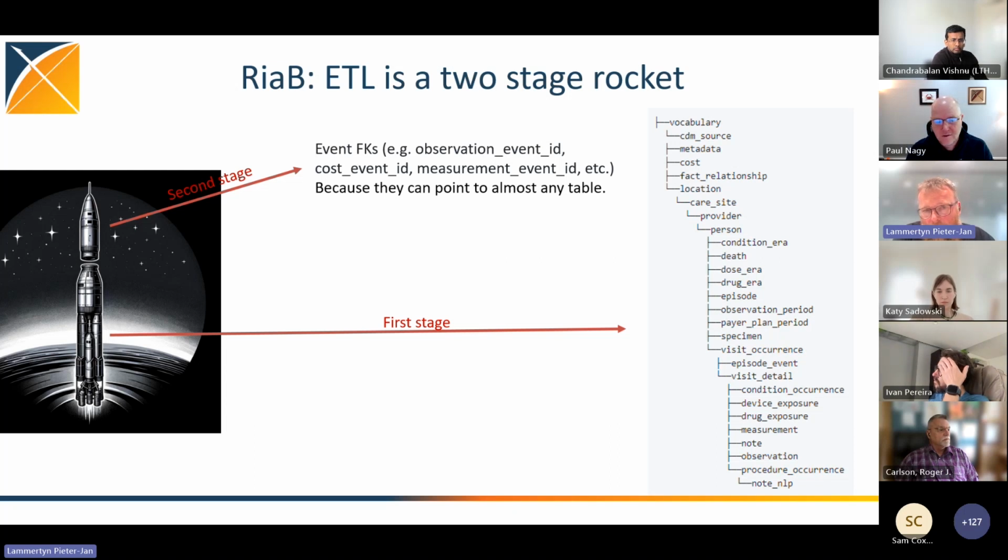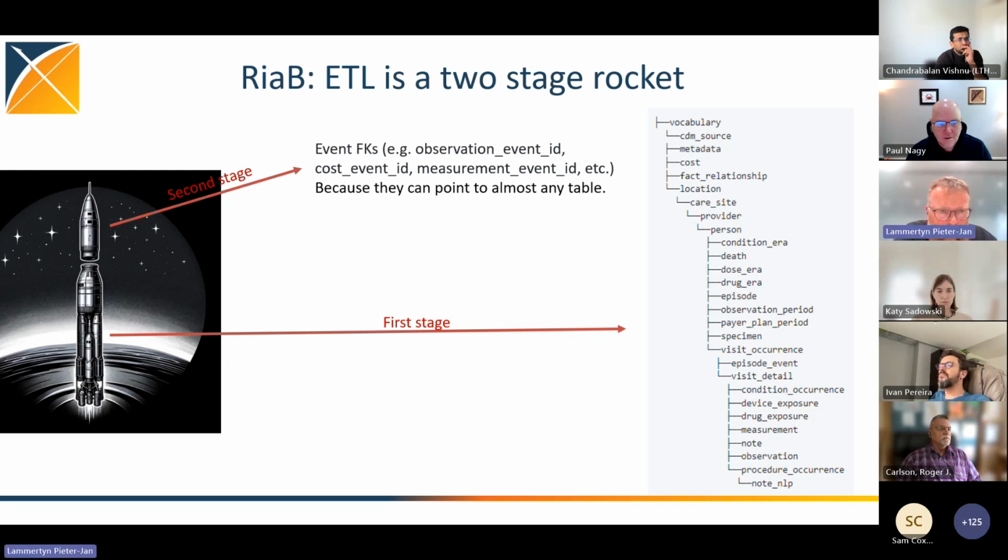And if you run the ETL, you have a dependency graph, here on the right, that you need to follow, because you need to generate, for instance, a provider ID before you can assign that provider ID in the person table. The tables that are on the same level, you can run in your ETL in parallel to speed up the ETL process.